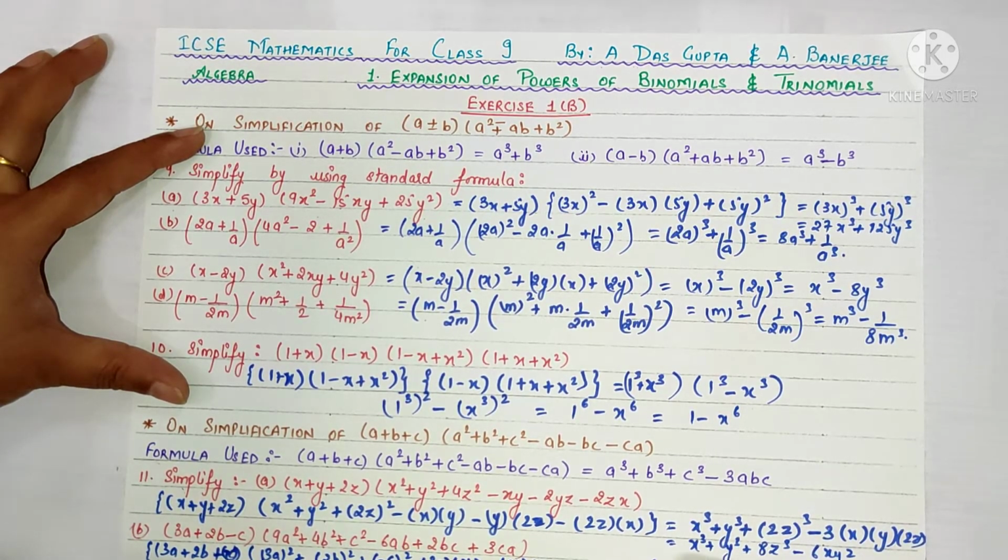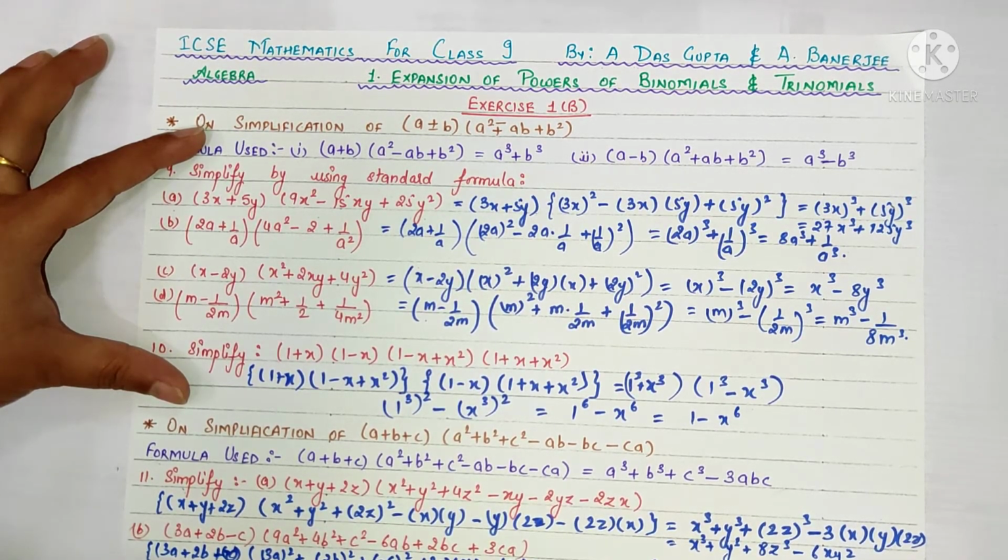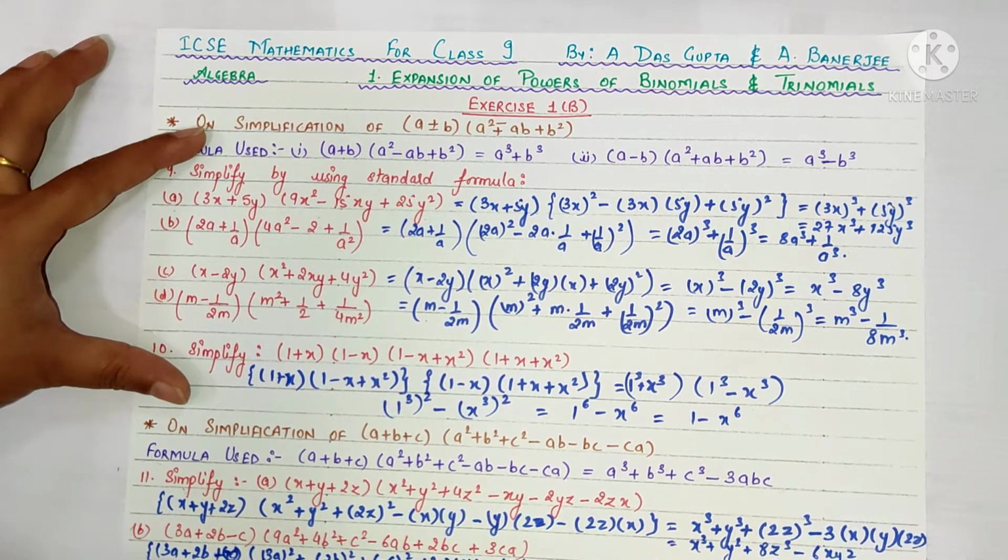So on combining these terms we'll get this as (3a) whole cube plus (2b) whole cube plus (minus c) whole cube minus 3 into 3a, 2b and minus c.